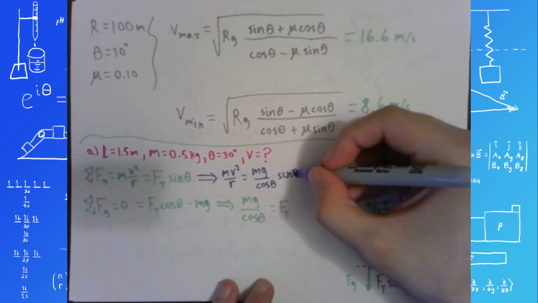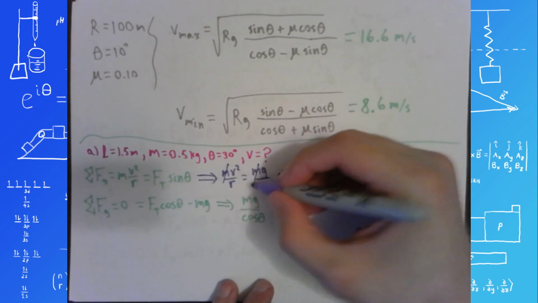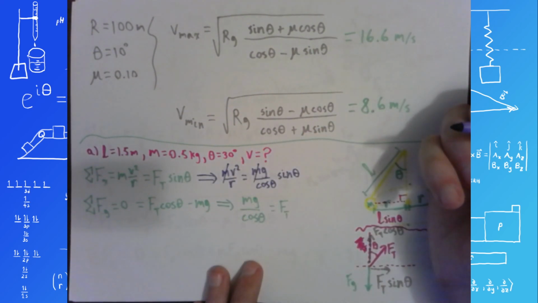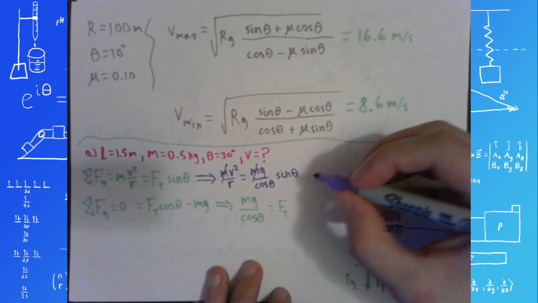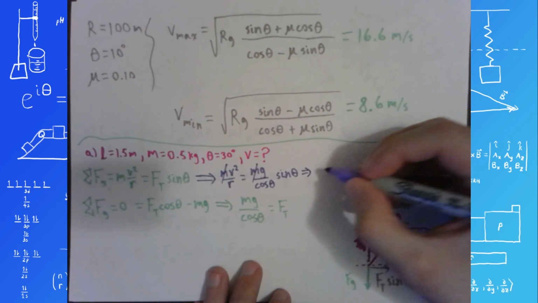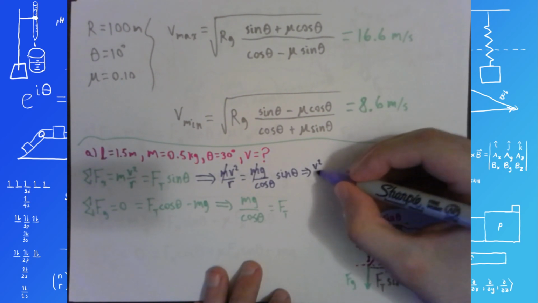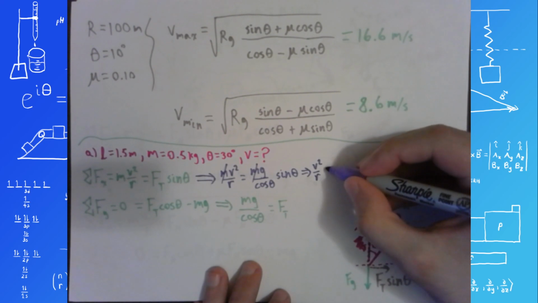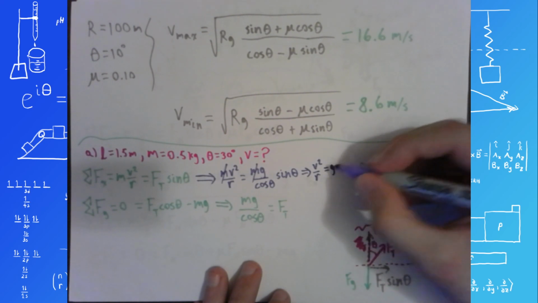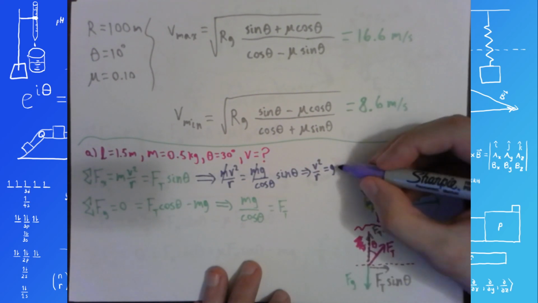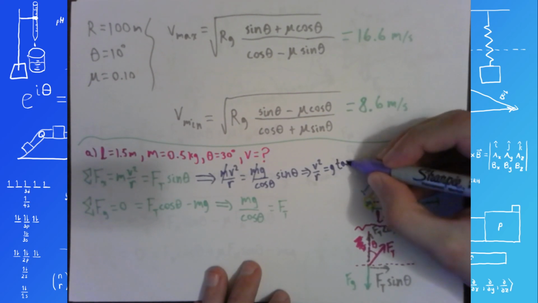I can cancel the m's, and that gives me v squared over r is equal to g times sine theta over cosine theta, which is tan of theta.